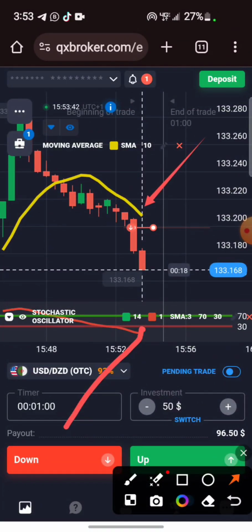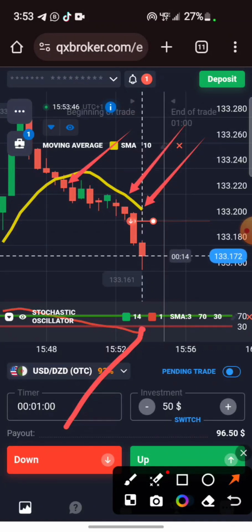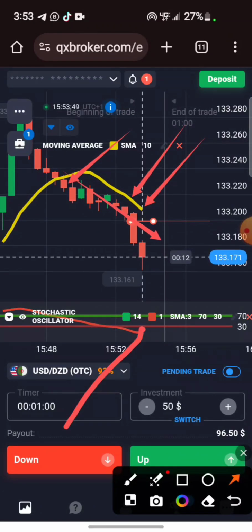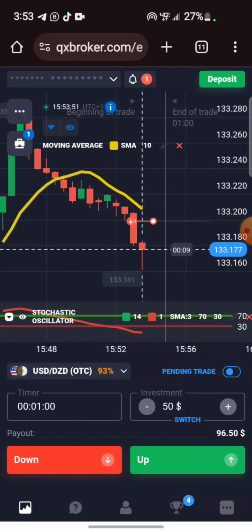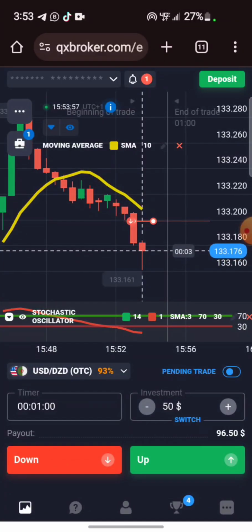And if you also look at this place, it crosses a red candle here, and the moving average follows a bearish movement. So it means that the market is going to be going down for some time, and that is the reason why I entered the market there with selling.